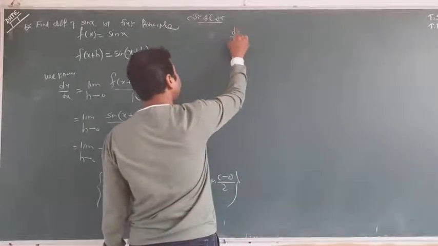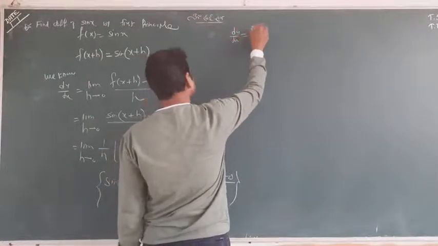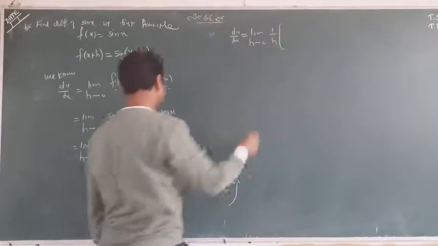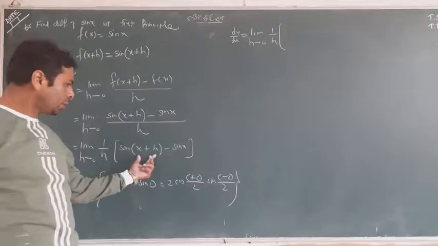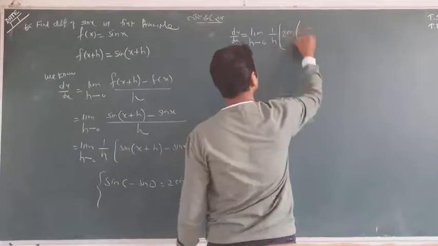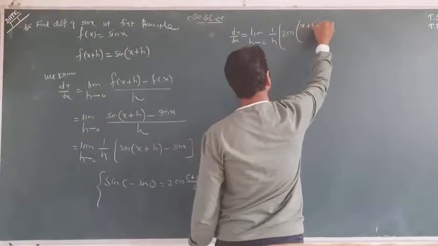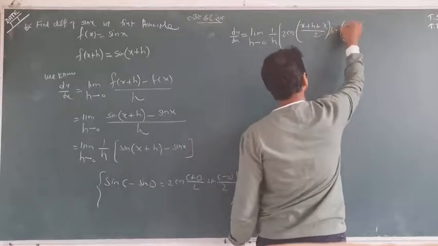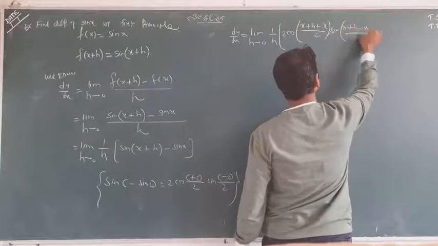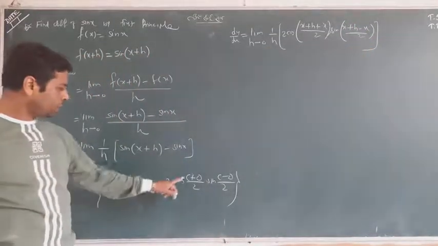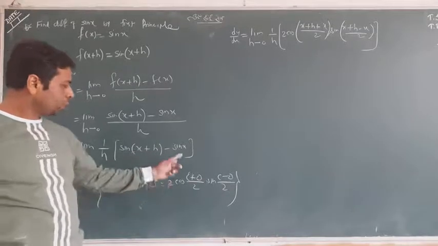Okay, so dy by dx we are having now limit of h tends to 0, 1 by h. Sin, this is your c, this is your d. So put in the values, 2 cos c plus d by 2 sin c minus d by 2. That's a simple formula used. Instead of c you can write x plus h, instead of d you can write x.